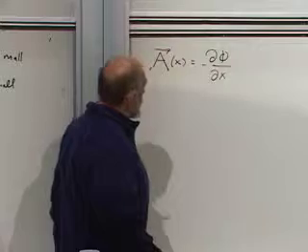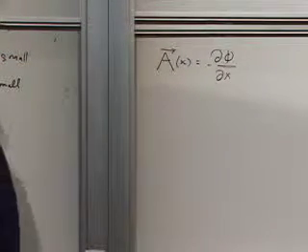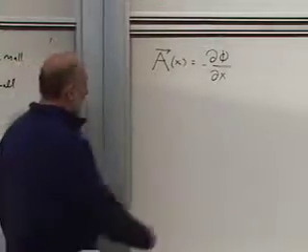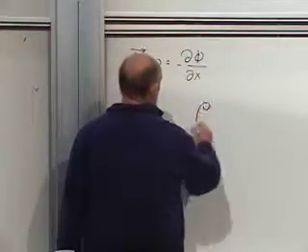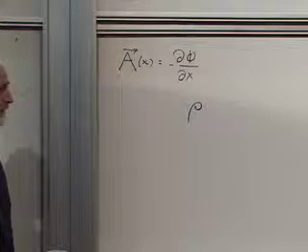So what's the connection between phi and mass density? Let's call mass density rho. Rho is mass per unit volume. Okay?